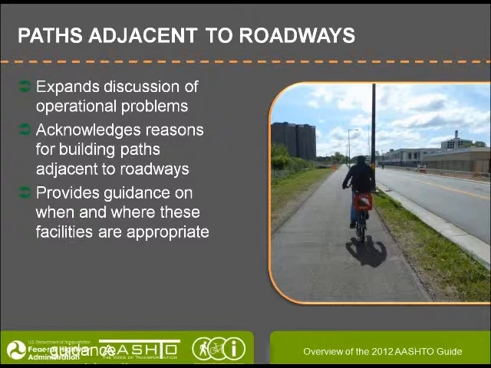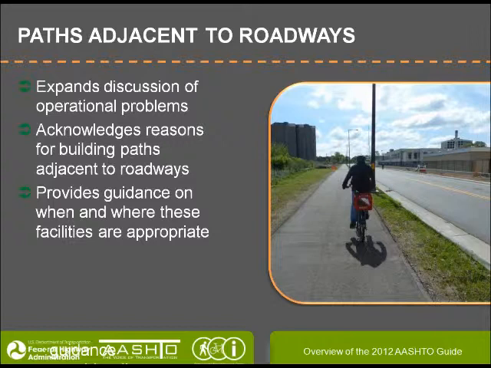And so the previous version of the AASHTO Bike Guide discussed the issues and operational problems created by paths adjacent to roads where you have a lot of driveways and intersections. The new guide expands that discussion of the operational issues, but it also acknowledges that there are reasons for building paths adjacent to roads, and that they are an acceptable solution if you address those conflicts at intersections and driveways. And then it provides some guidance on where and when those facilities are appropriate.